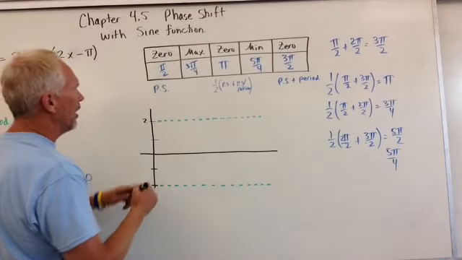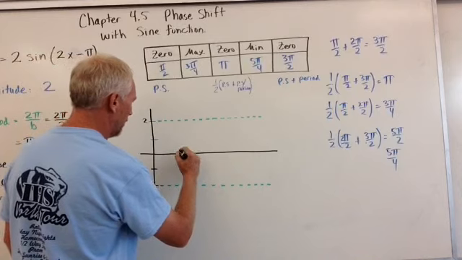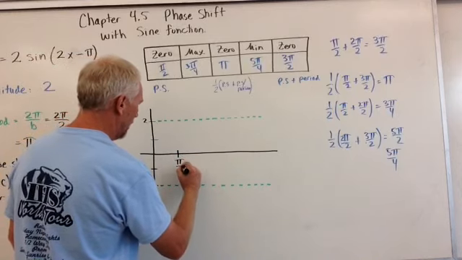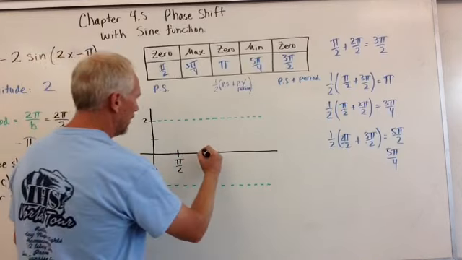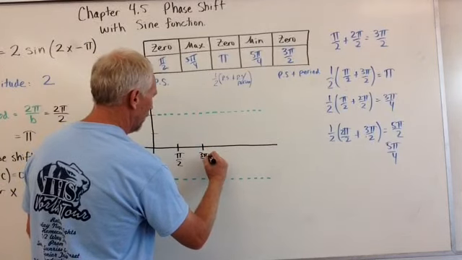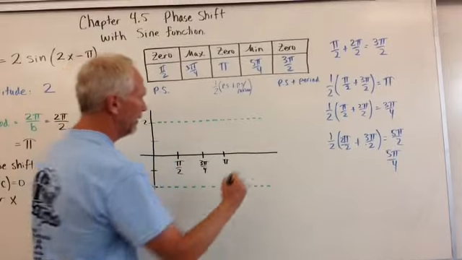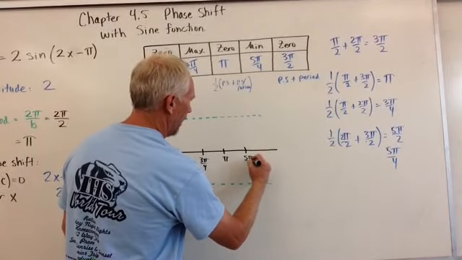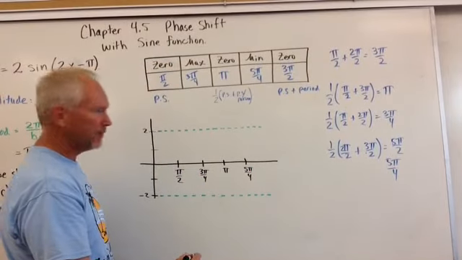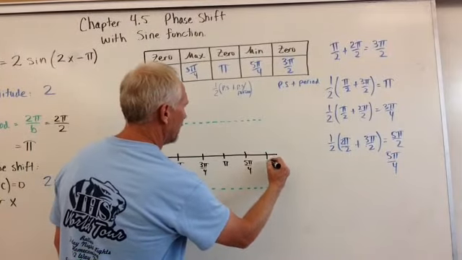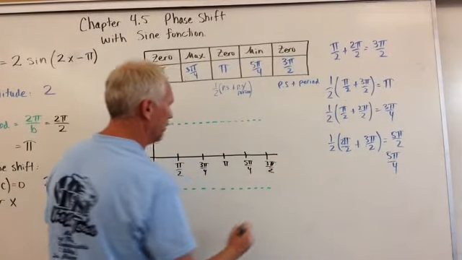Remember, our first 0 is not at 0, it's at pi over 2. So I'm going to put that here at pi over 2. Then I have a 3 pi over 4, then a pi, then a 5 pi over 4, and lastly, 3 pi over 2.